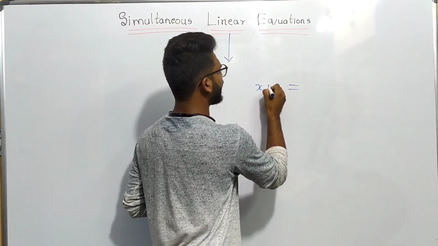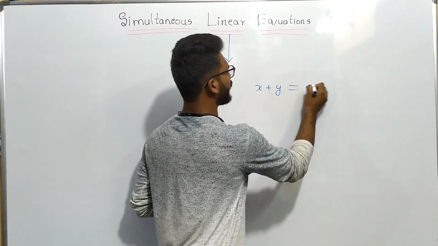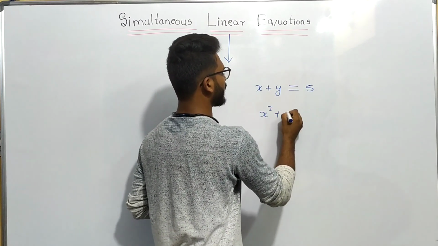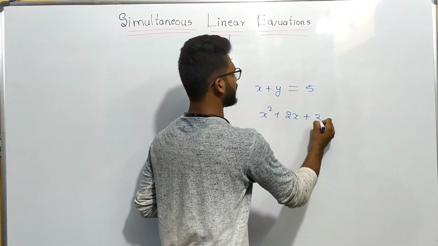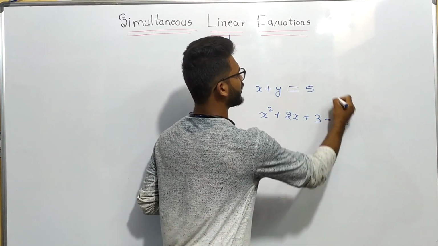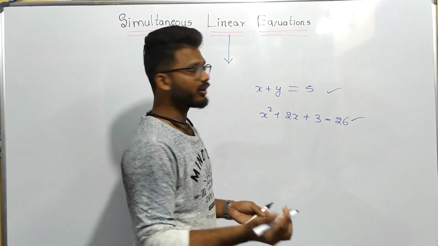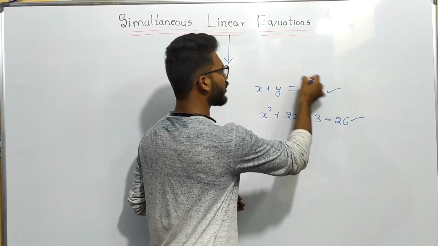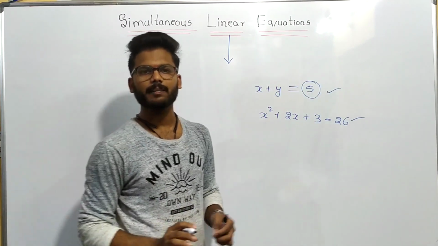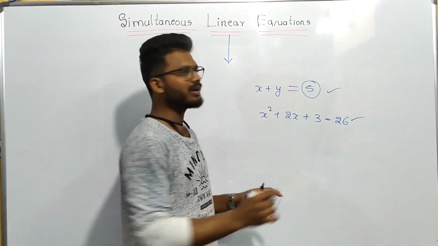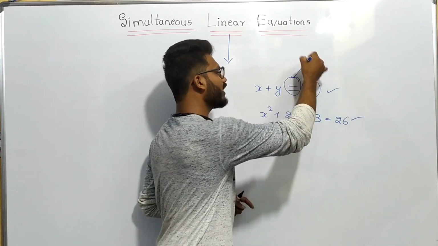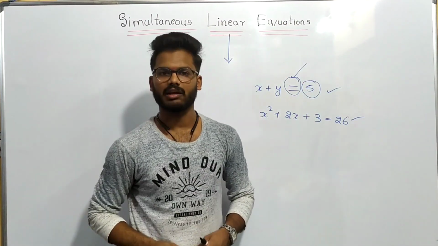For example, x plus y is equal to 5, or x square plus 2x plus 3 is equal to 26. All are equations only. There is no need for it to be 0 only. Any algebraic expression with equality, you can call it an equation.